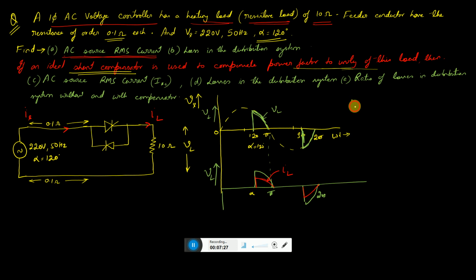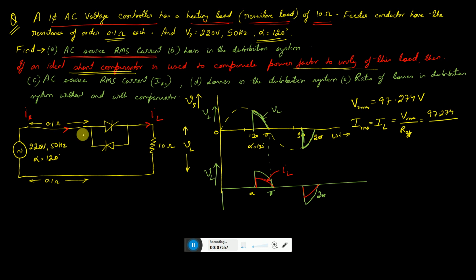So here the Vrms value is 97.274 volts. And if I want to calculate IRMS, or in short I can write this as IL, it is Vrms divided by R effective, that is 97.274 divided by R effective.